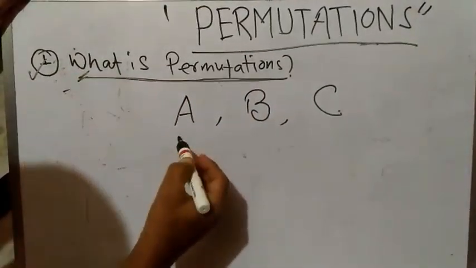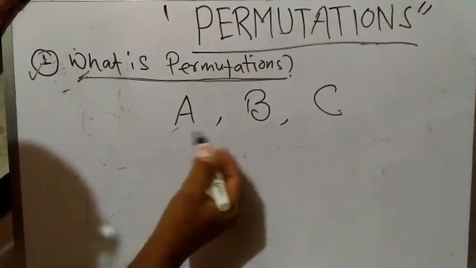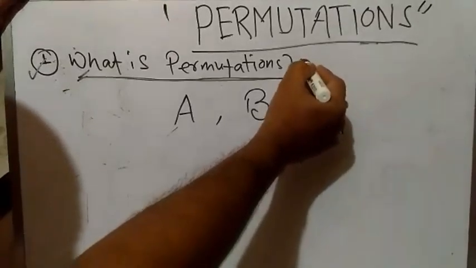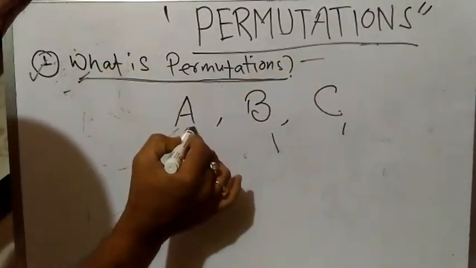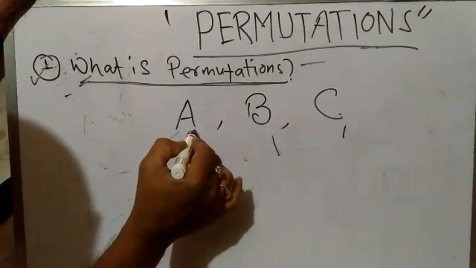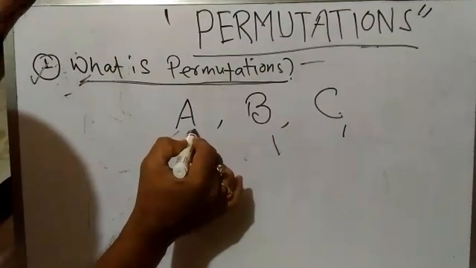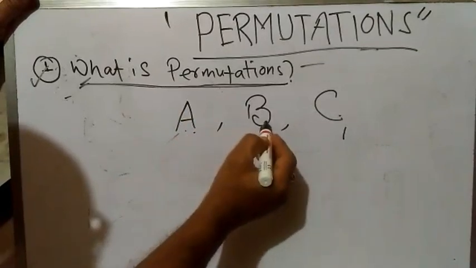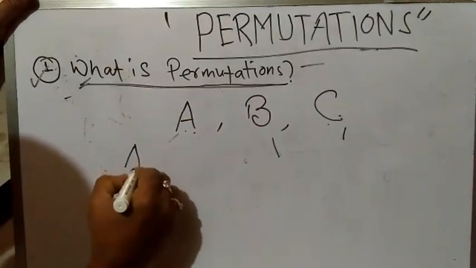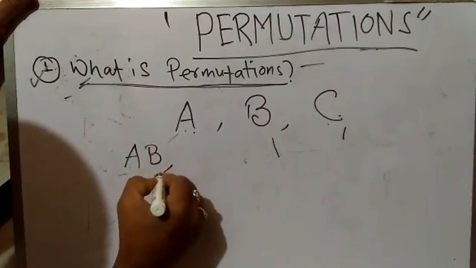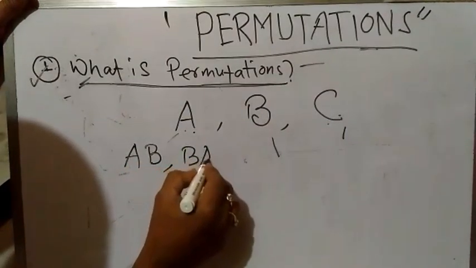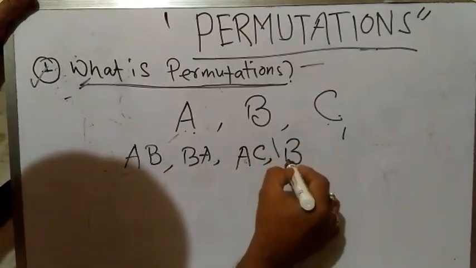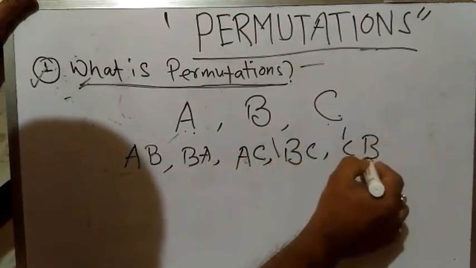You see, I have written three letters: A, B, C. A permutation is an arrangement of objects in a definite order. Suppose from A, B and C we can write AB, BA, AC, BC, CB.